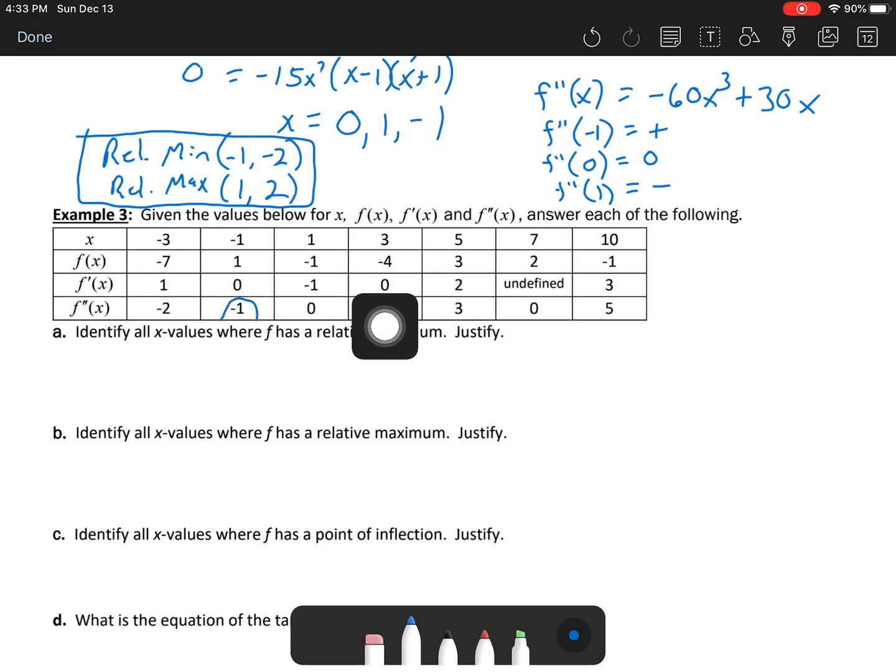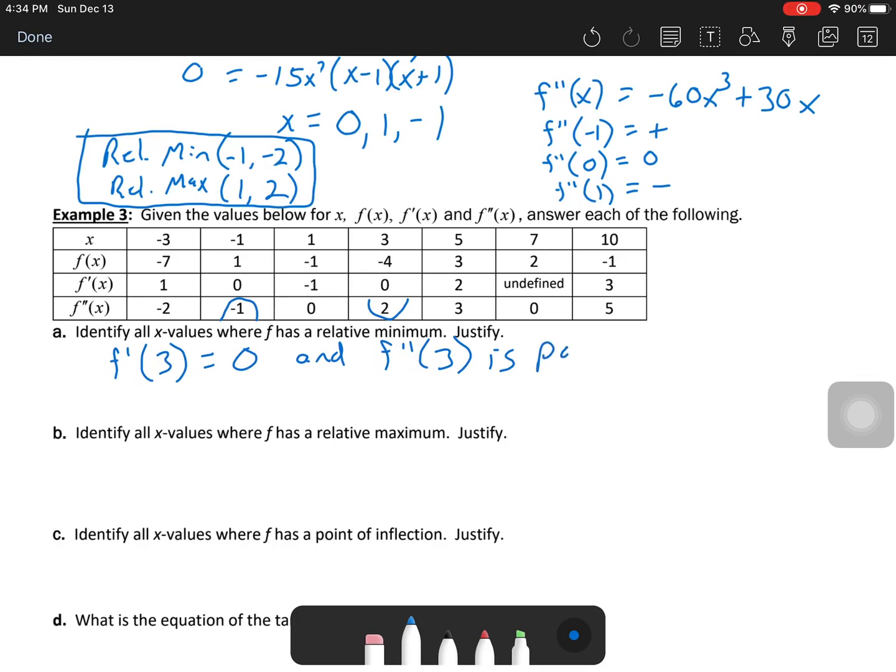But over here, if I'm looking for the minimum, here's another 0, and because the second derivative is positive there, that means we're concave up, and so right here I'm going to have a relative minimum. So f prime of 3 equals 0, and f double prime of 3 is positive.